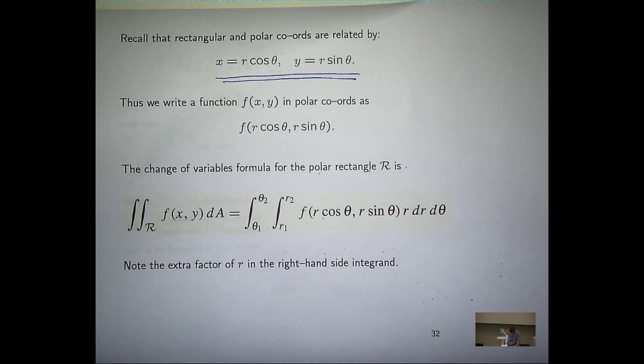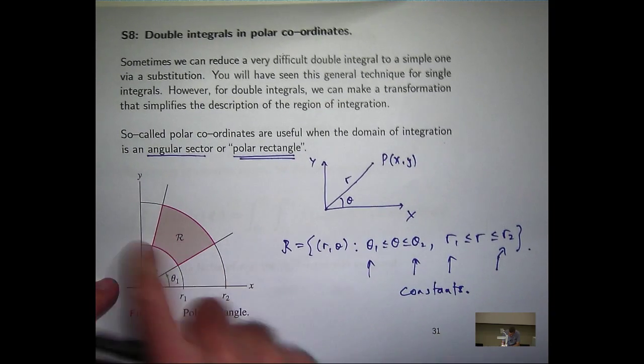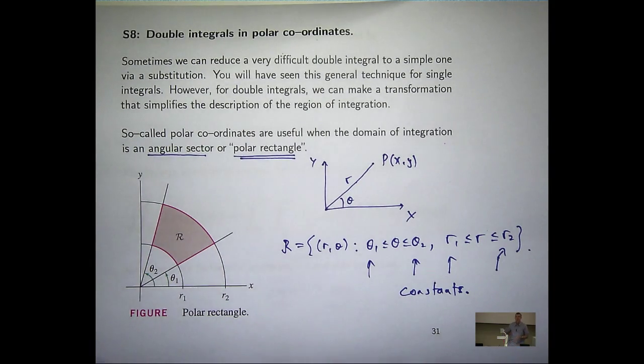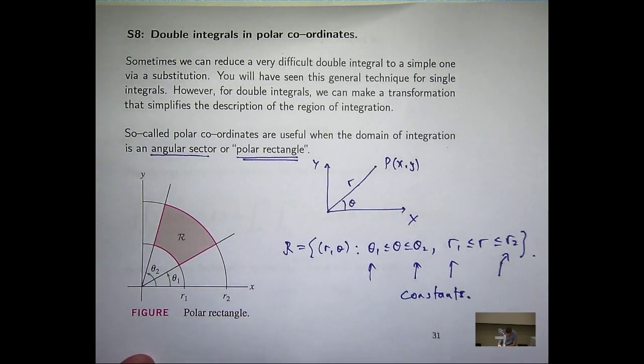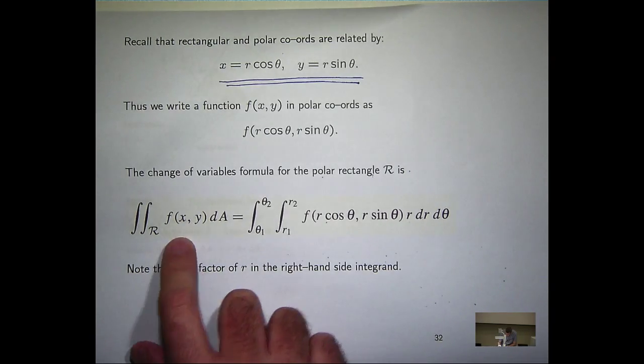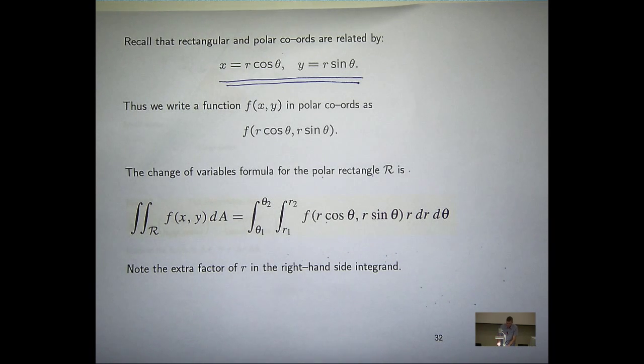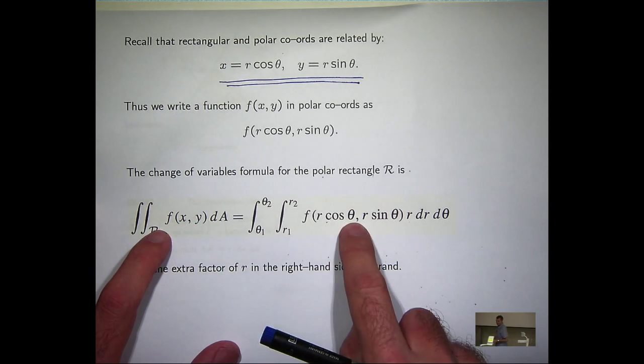The following is the change of variables formula for a polar rectangle. Imagine this is the region of integration, and this distance is r1, this distance is r2. Then the double integral of f over that polar rectangle R is just the following iterated integral.